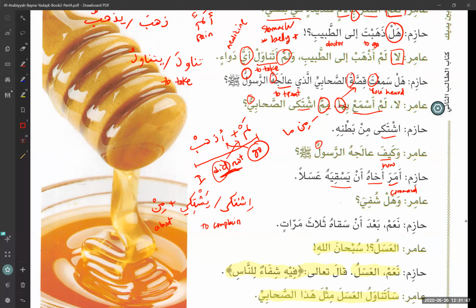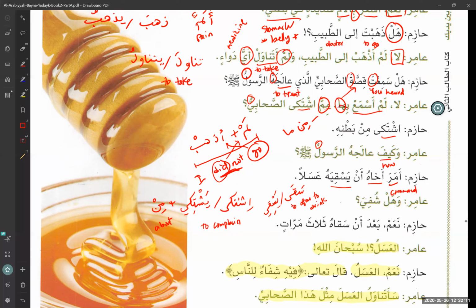Yasqiya is from the verb saqa, yasqi, to offer to drink. That's a very long translation for one word.